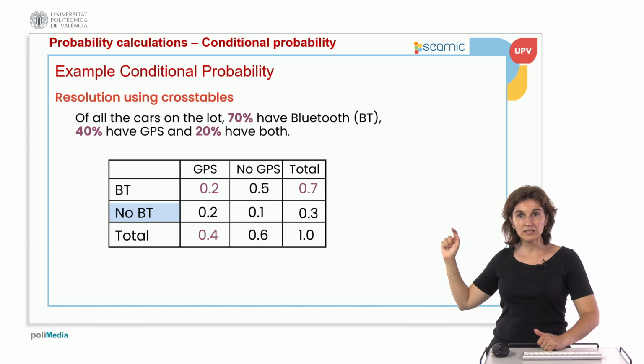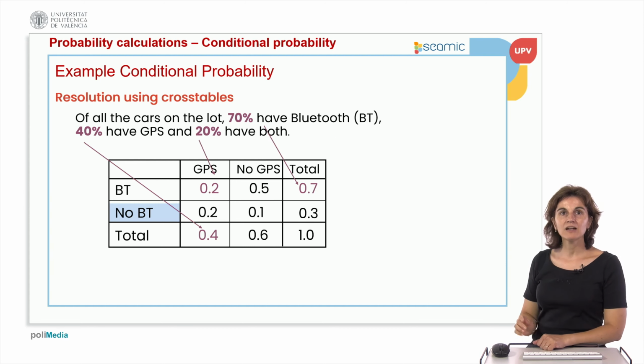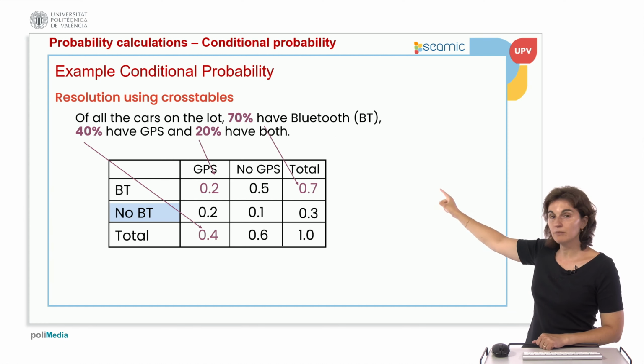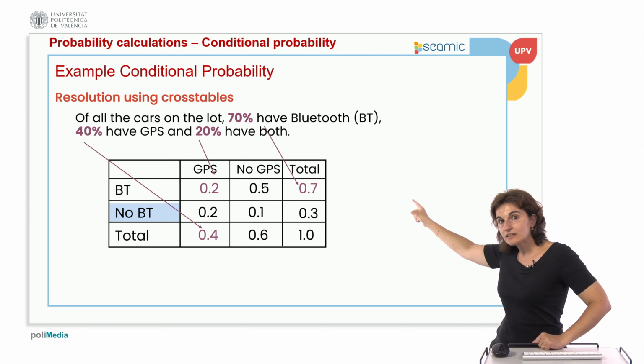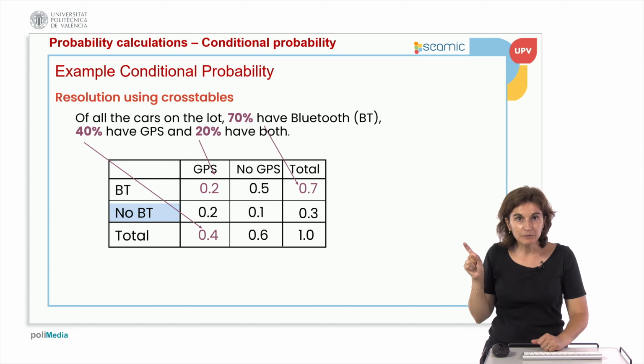And what we are doing here is to translate the information that we were given into different cells of the table. So we know that 70% have Bluetooth, and that means that the marginal probability of having Bluetooth, at the end of the first row, as you can see here, is 70%.